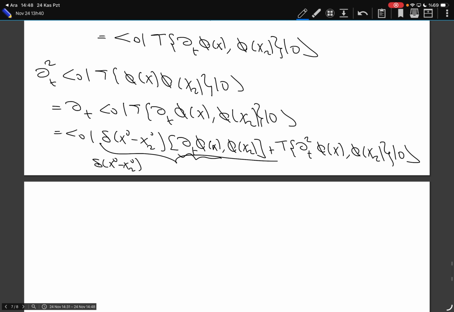The commutator of the momentum with the coordinate is minus i times the three-dimensional Dirac delta. Generalized coordinate and corresponding generalized momentum, their commutator will just give me that three-dimensional Dirac delta function.